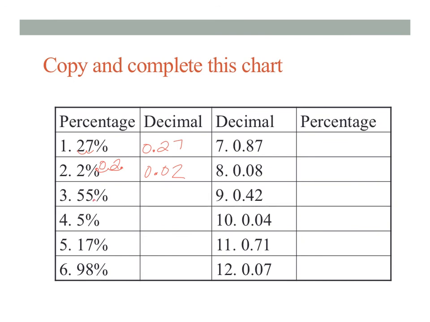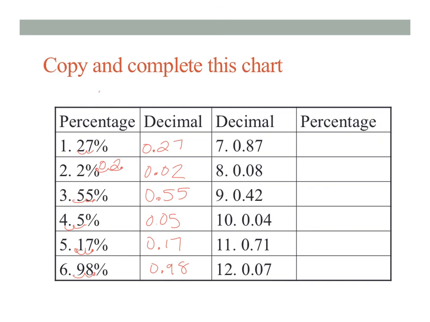Decimal point is right here, 55%, 0.55, 5%, 0.05, 17%, 0.17, 98%, 0.98.